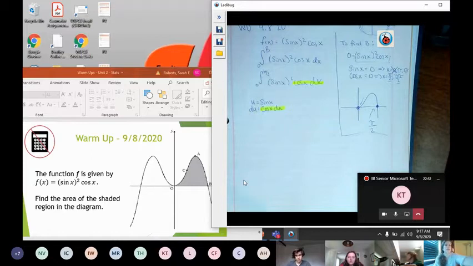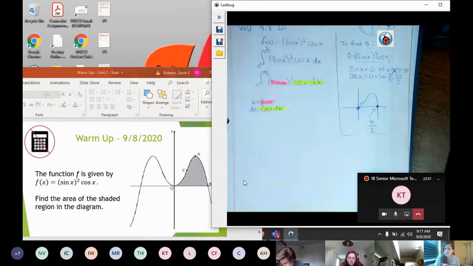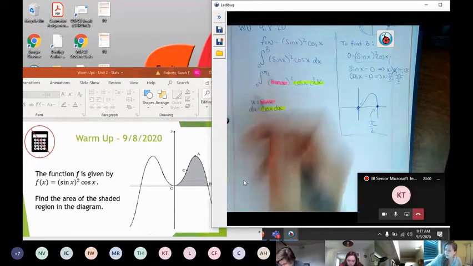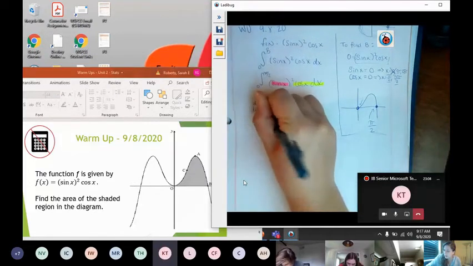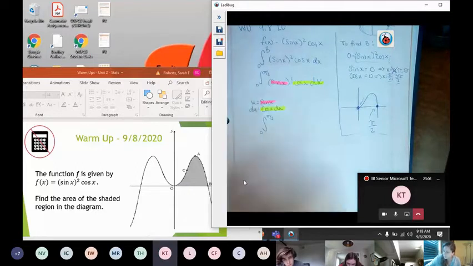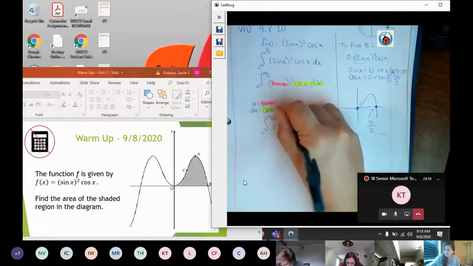Mm-hmm. And then I can replace my sine x with u, and I get the entire thing in terms of u. So now my function should look like the integral from 0 to pi over 2 of u squared du.